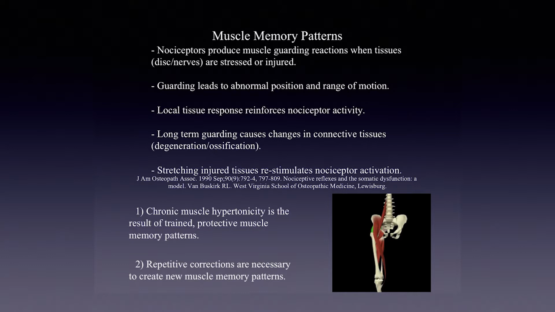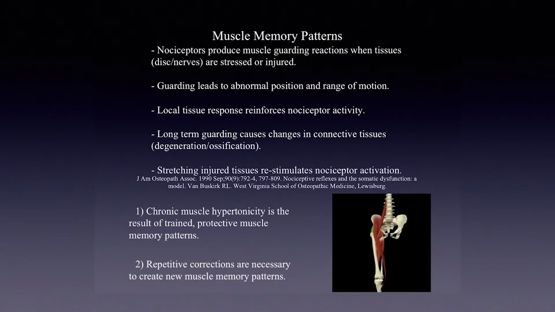When we've got an injury or stress to the disc and nerves, that guarding now is going to lead to an abnormal position and limited range of motion. Then there's also going to be a local tissue response that's going to reinforce that pain receptor activity. So it's a negative loop. This person's stuck, and they can't really break that loop, and that's the challenge.